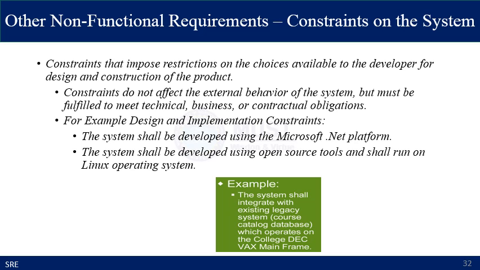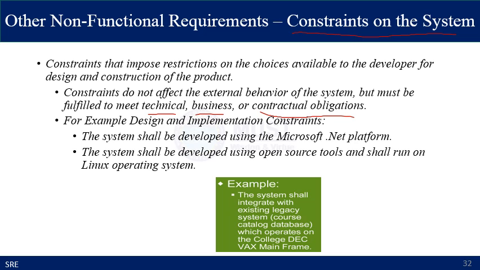Some requirements are referred to as constraints on the system. These put restrictions on the choices available to the developers for design and construction of the product. Constraints do not affect the external behavior of the system but must be fulfilled to meet a technical, business, or contractual obligation.